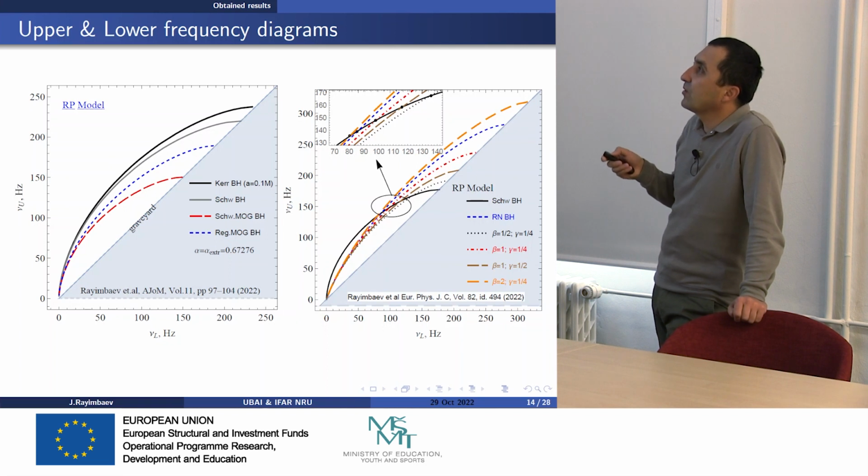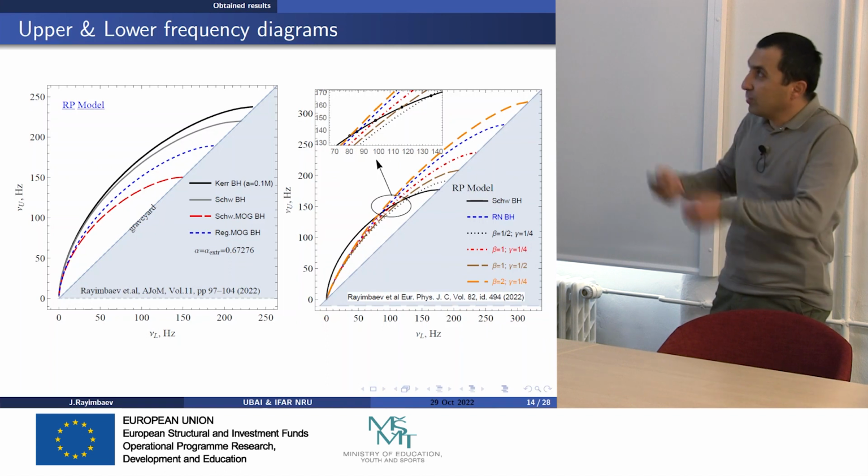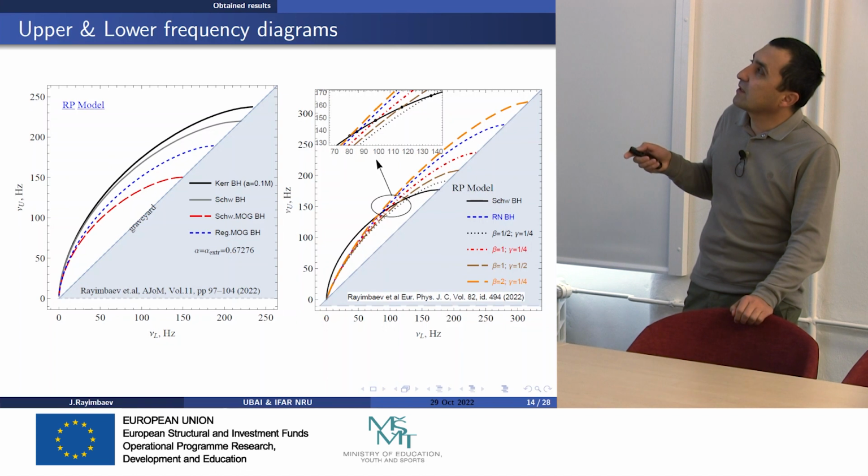It is shown that all these curves cross the curve of the Schwarzschild black hole, and one can say that at some values of beta and gamma, the black hole, even being extremely charged, can show the same gravitational effect as the Schwarzschild black hole.